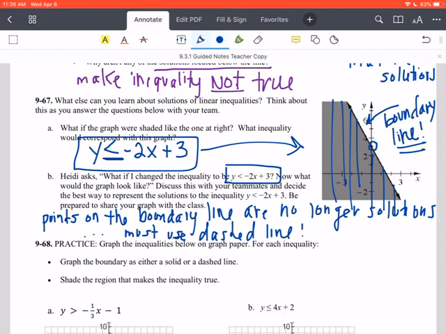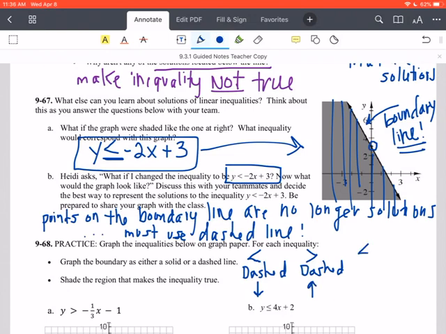Okay? So the key idea is that, and we'll make some notes here, when you have a less than symbol, it is going to be dashed, and you are going to shade straight down from the boundary line. When you have just a greater than symbol, it is going to be dashed, and you are going to shade straight up from the line.